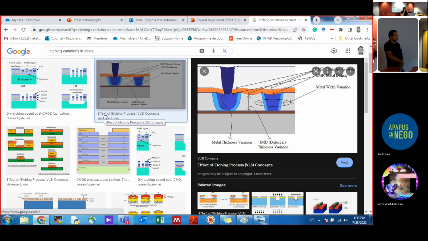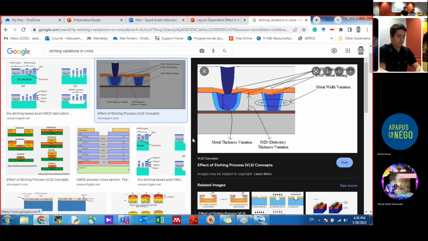This is why when you add those dummies all around, they will be the ones that are different and the ones in the center will be more similar. So dummies go with matching. As soon as you want matching, passive or active, matching goes with dummies.